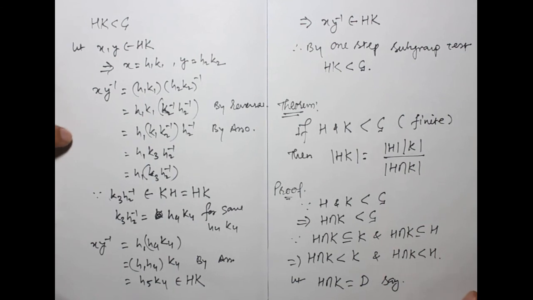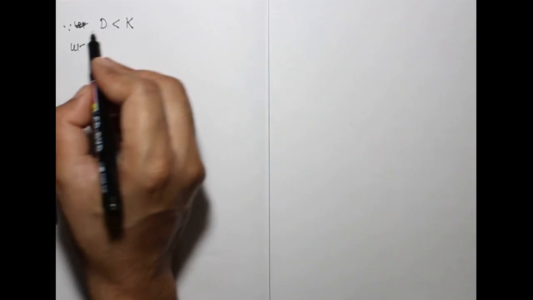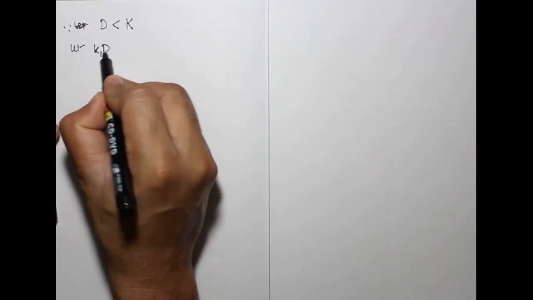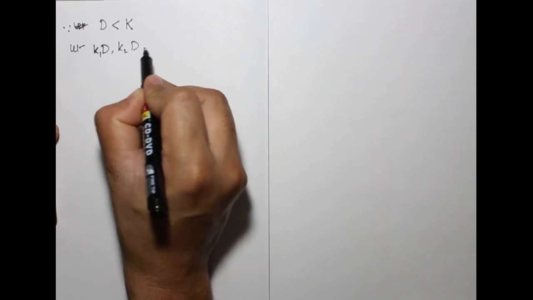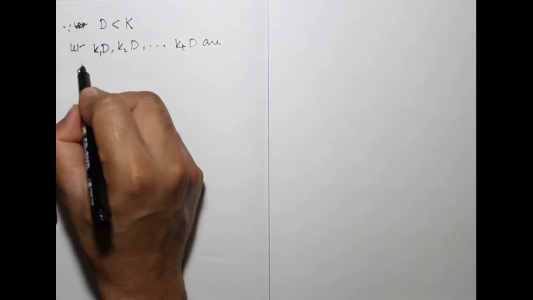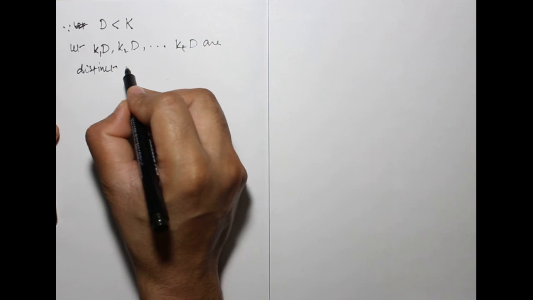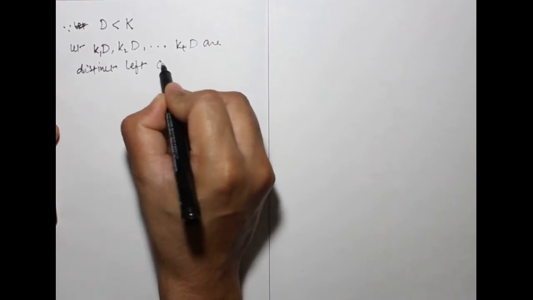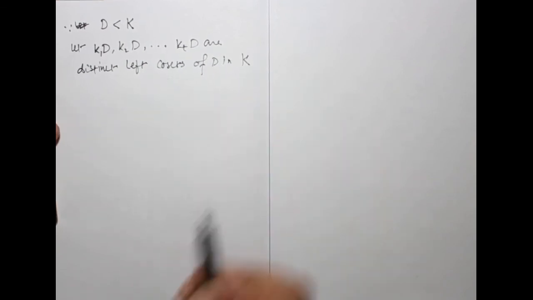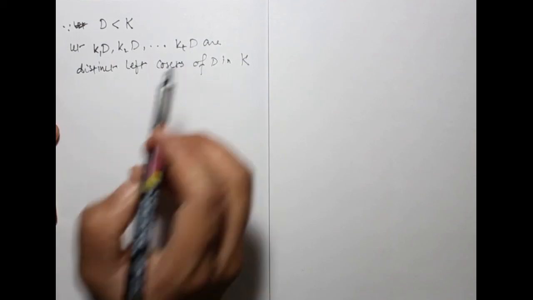For simplicity, since D is a subgroup of K, let k1 D, k2 D and so on, kt D be distinct left cosets of D in K, because we assume K has t elements.